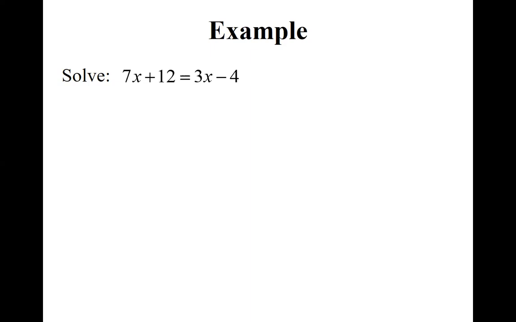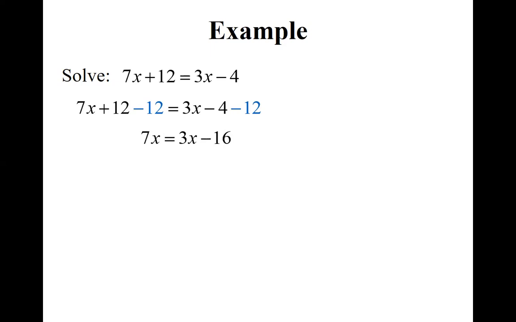So I'm going to start by subtracting 12 from both sides. That'll get rid of the non-variable terms from the left. Negative 4 minus 12 is negative 16. So 7x equals 3x minus 16.